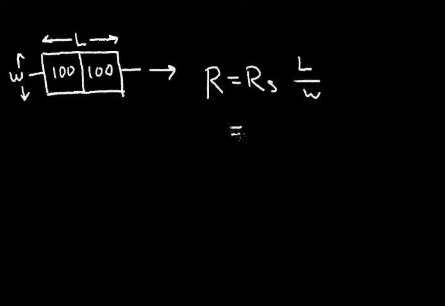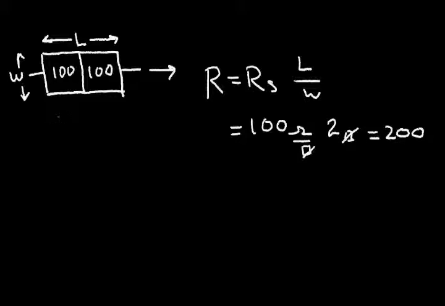In this case, the sheet resistance is 100 ohms, and my length is twice the width. I have 2 squares. This is ohms per square, sheet resistance, and I have 2 squares. So my squares cancel, and I have 200 ohms for the resistor.